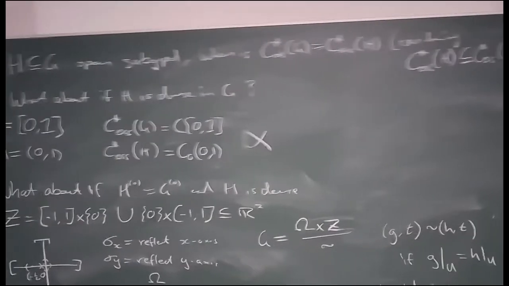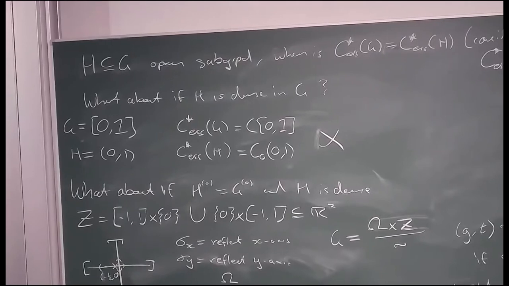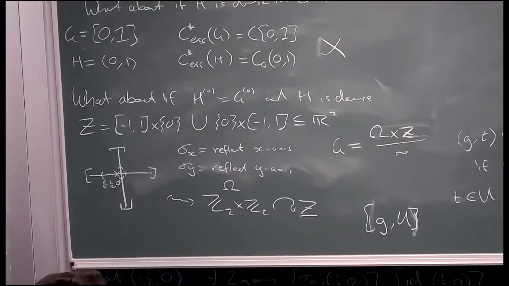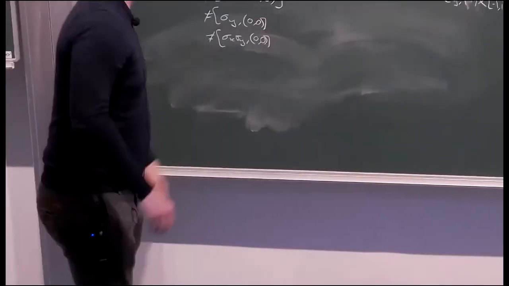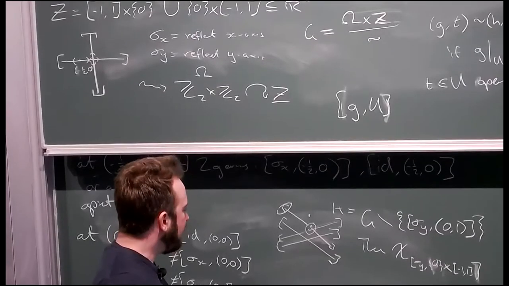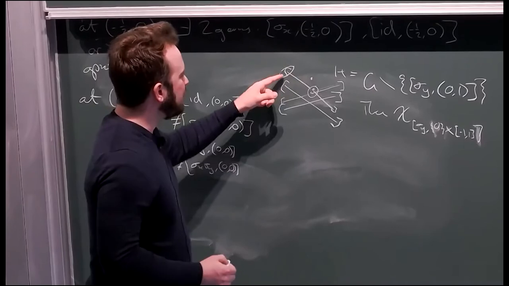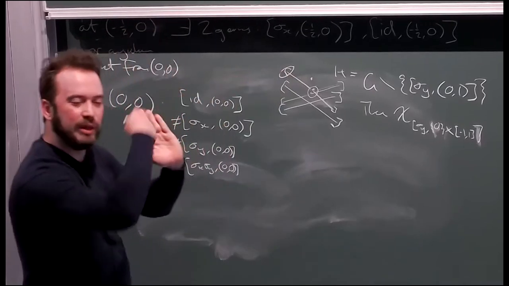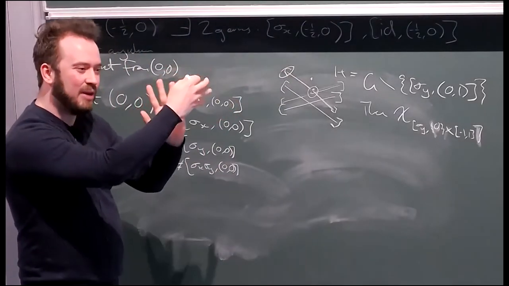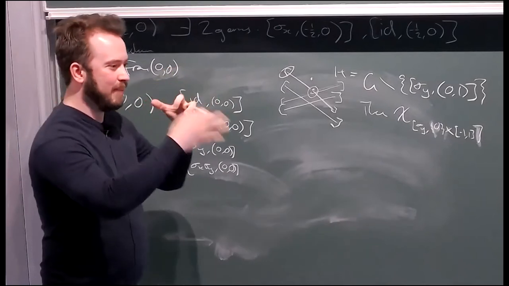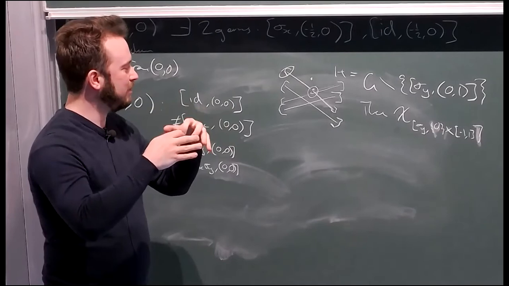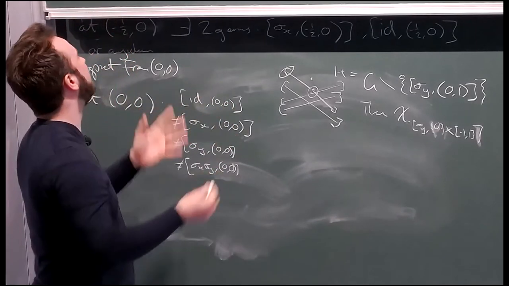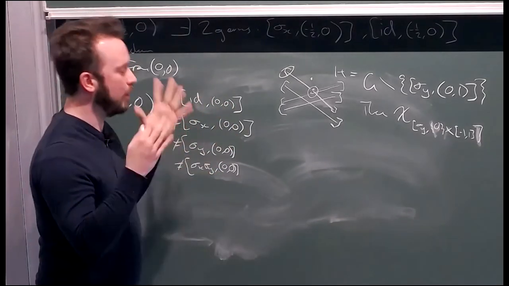I just had to build up a more complicated groupoid, which had a bisection that looked like the unit space, but wasn't the unit space. The fundamental reason why this doesn't work is that this point lies on the edge. It lies outside of any bisection in a way. It always would lie outside a bisection, but it lies outside in a too uncontrolled way.